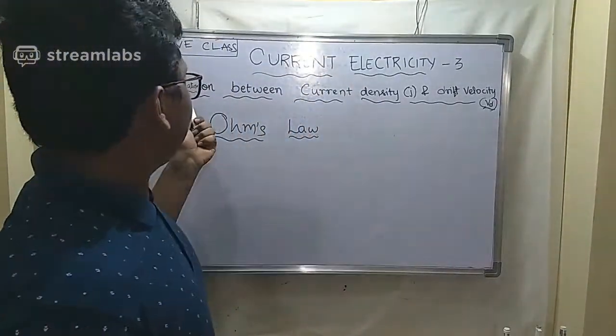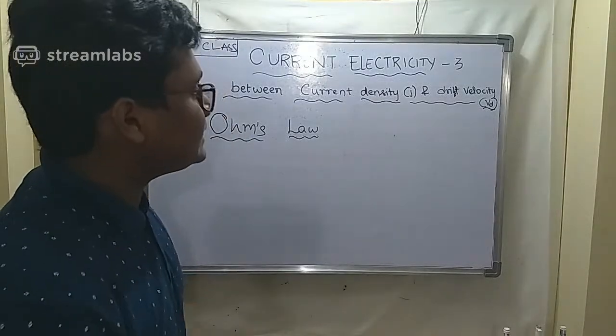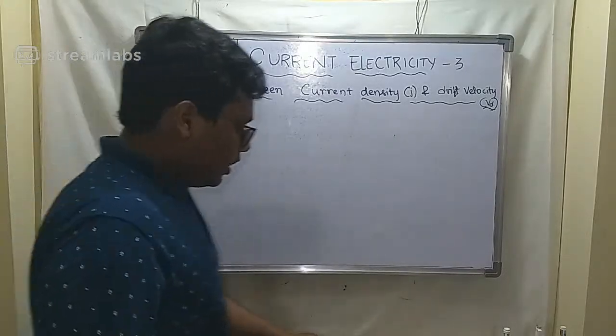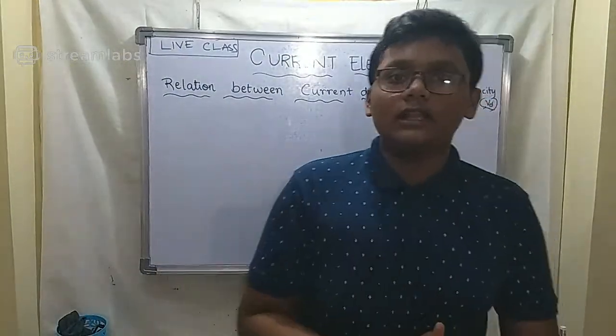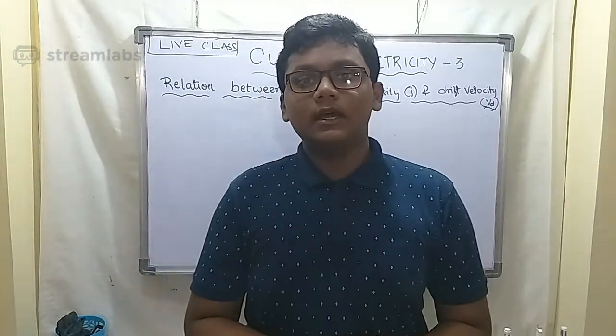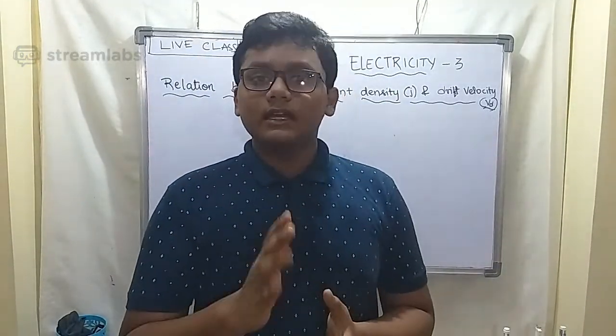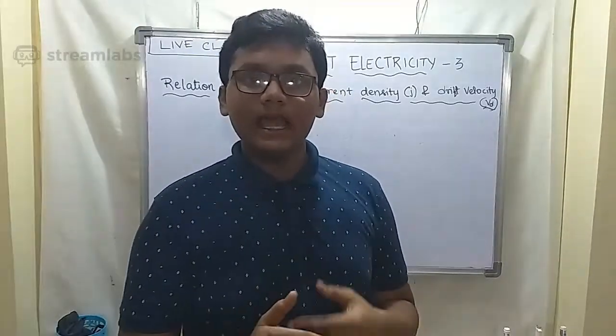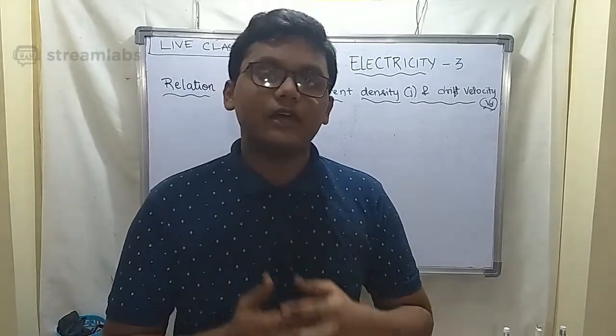Okay, now the relation between current density and drift velocity. Sorry, let me recall what we discussed in the last session. We discussed current density, and we also discussed drift velocity.